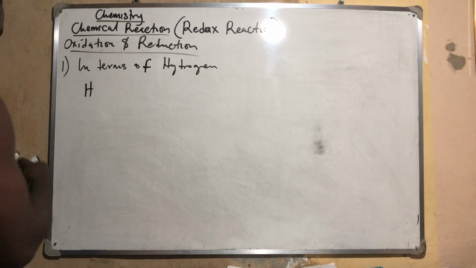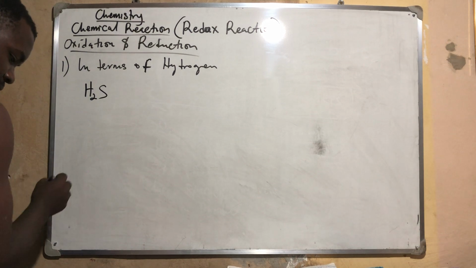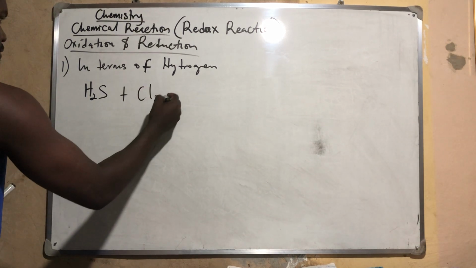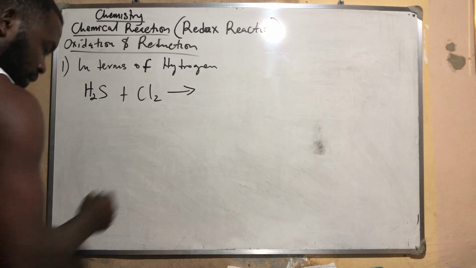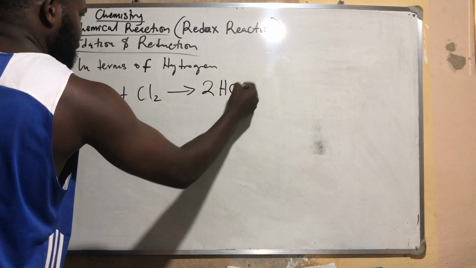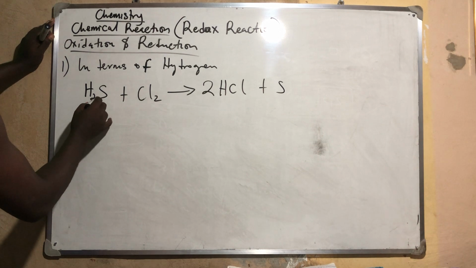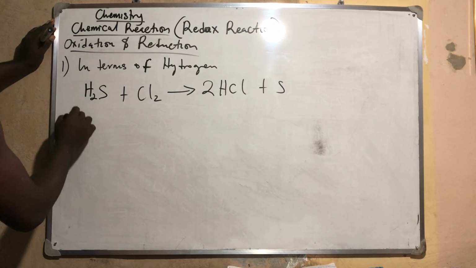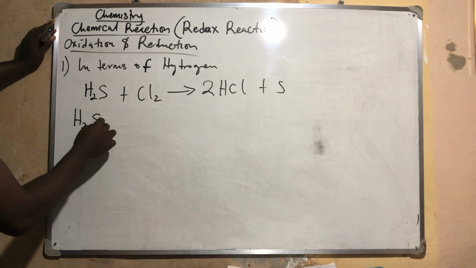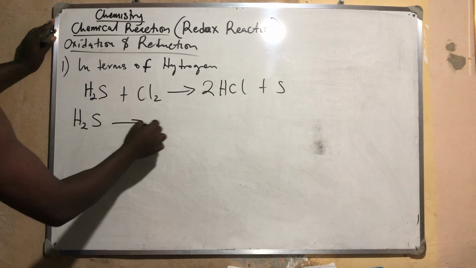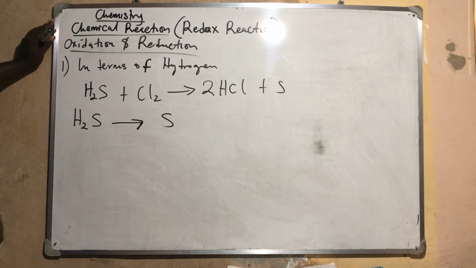So if you have a reaction like this, H2S plus Cl2 to give us 2HCl plus S. Now if you look at this one, it had hydrogen before, H2S, then produced just S without hydrogen.